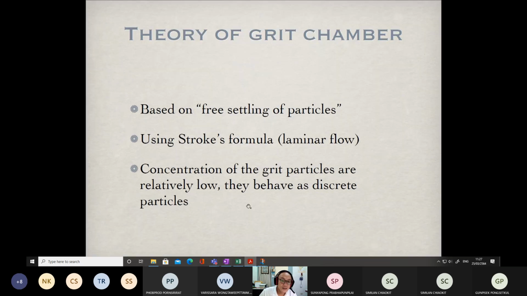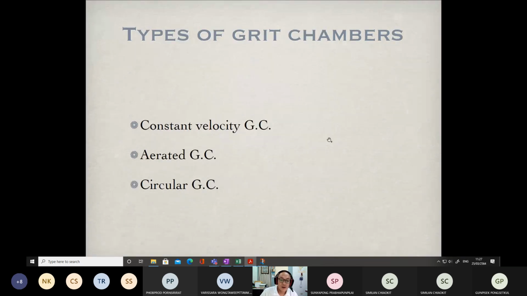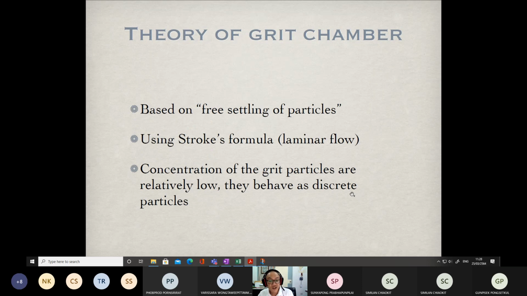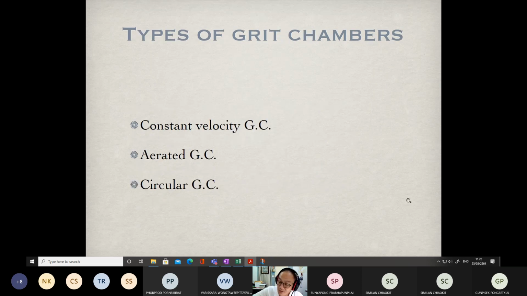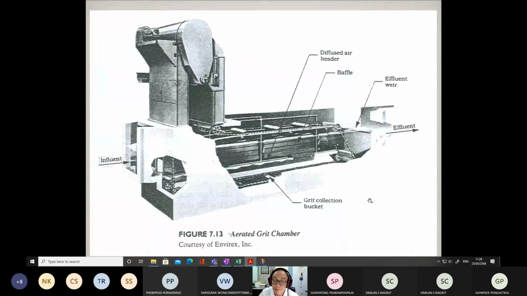For grit sedimentation due to gravity, the sedimentation of the grit from water to the bottom of the chambers must be accomplished only by the gravitational force.